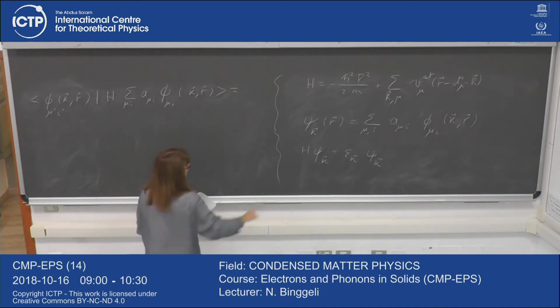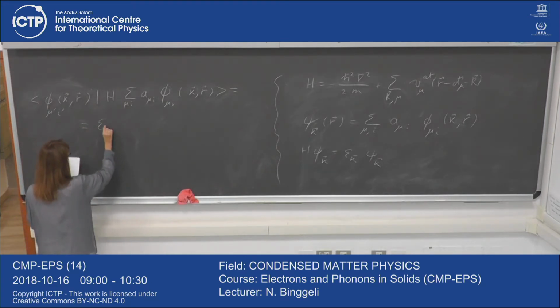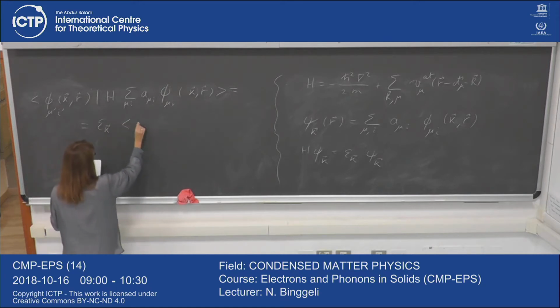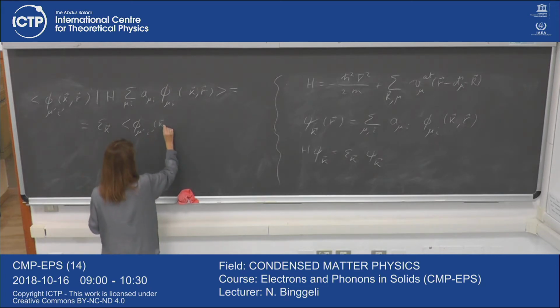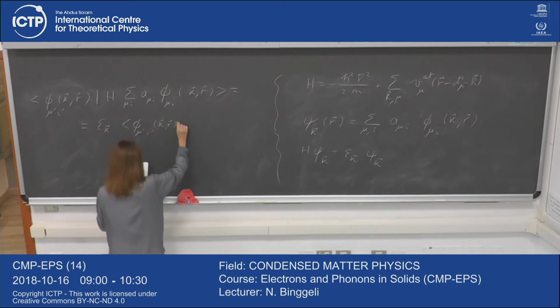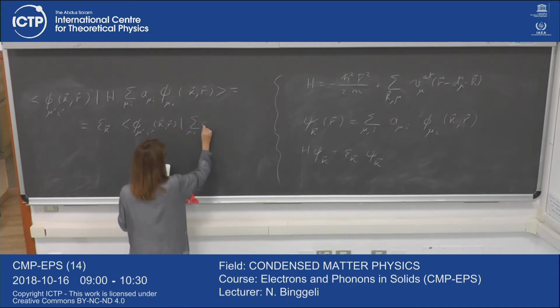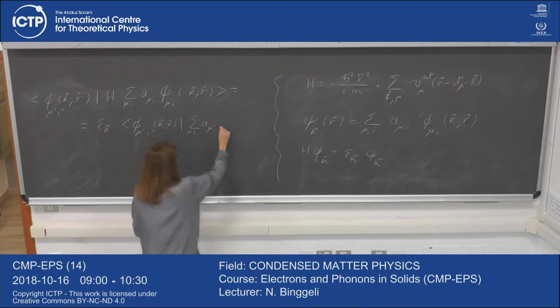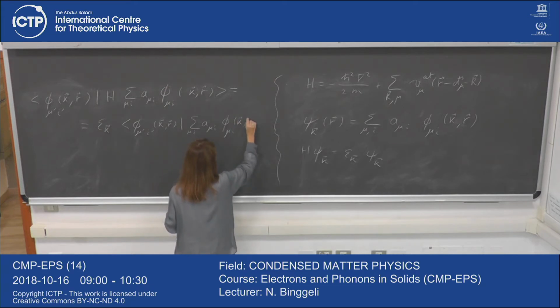And on the other side, I obtain epsilon k, phi mu prime i prime of k r, sum over mu i a mu i of phi mu i of k r.